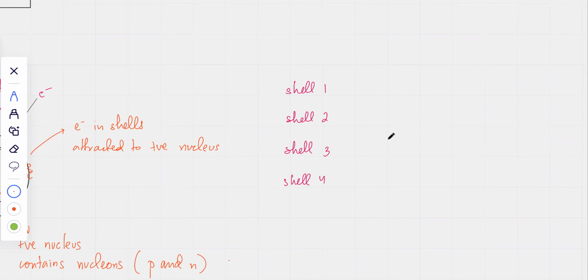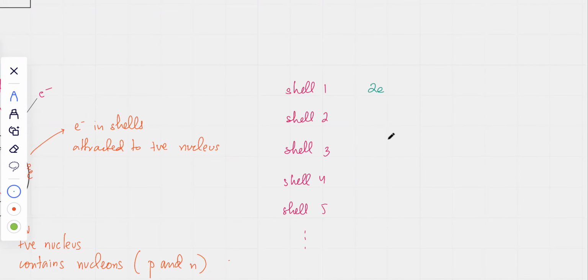Most atoms don't have shell number 4, but you can go up to shell 5 or shell 6 as well. So it just keeps going on. Does anyone know how many electrons maximum can be accommodated in shell number 1? 2. Okay, that's 2.